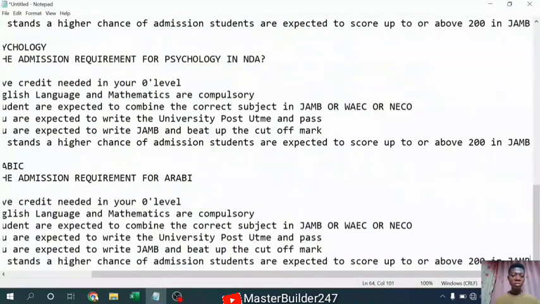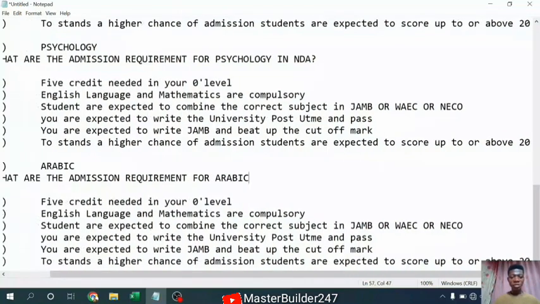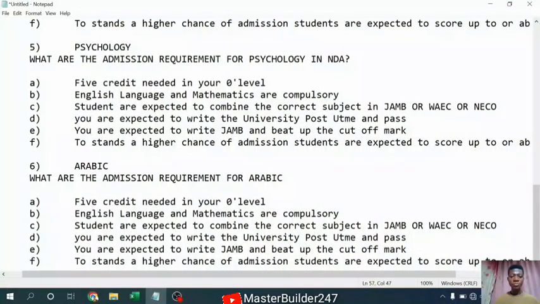So I'm just going to copy and paste. So these are the requirements. You need to have 5 credits in WAEC, English language and mathematics compulsory. You can just go through it.